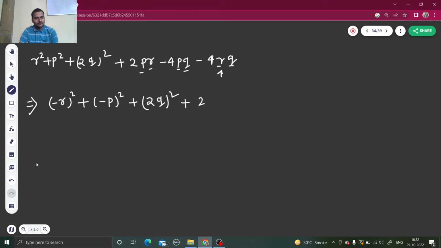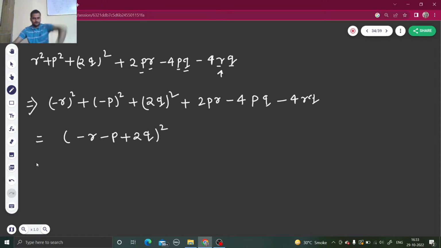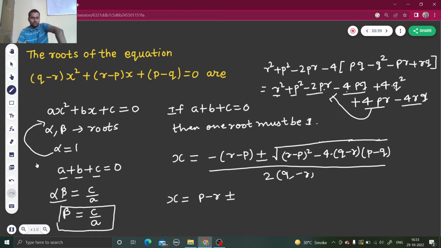Okay, then we have 2pr, then minus 4pq and minus 4rq. Okay, p and r product positive, p and q product negative. So this is nothing but minus r minus p plus 2q whole square. This will come out of the root as minus r minus p plus 2q.